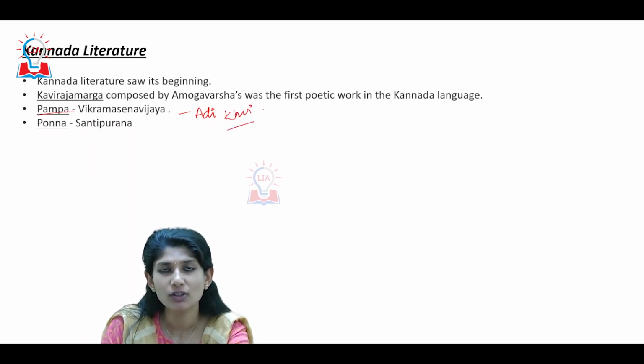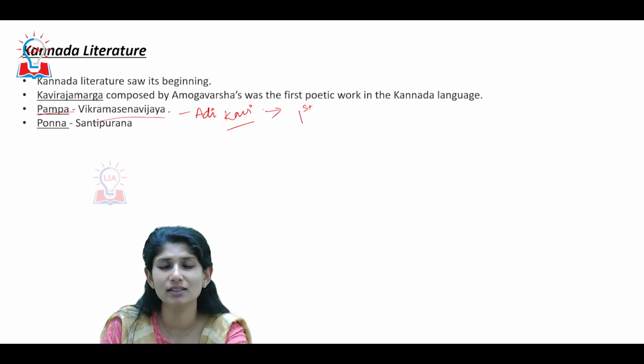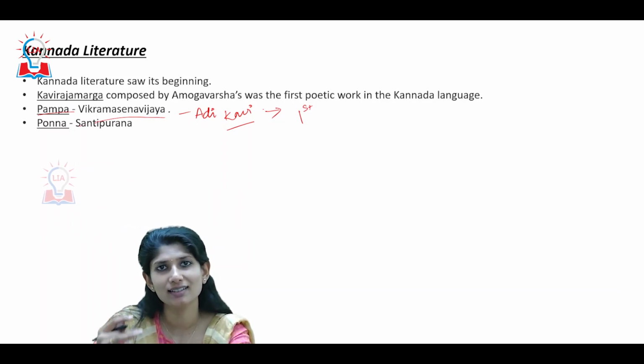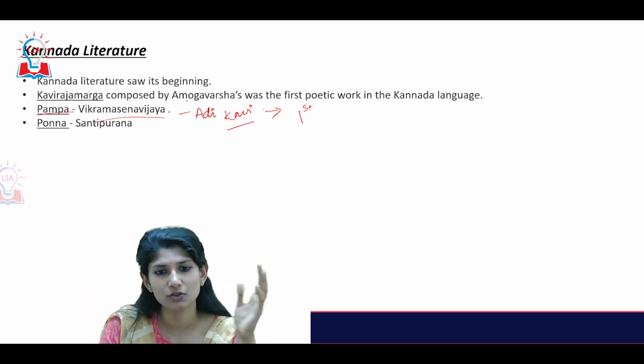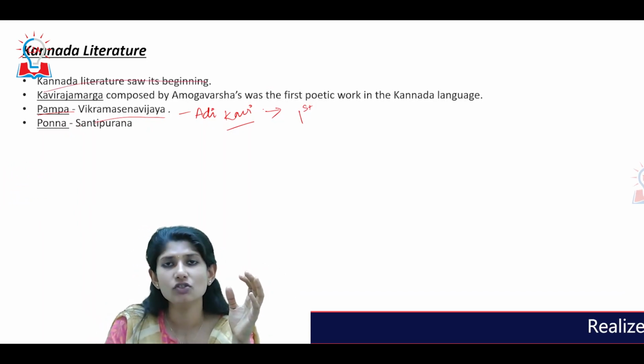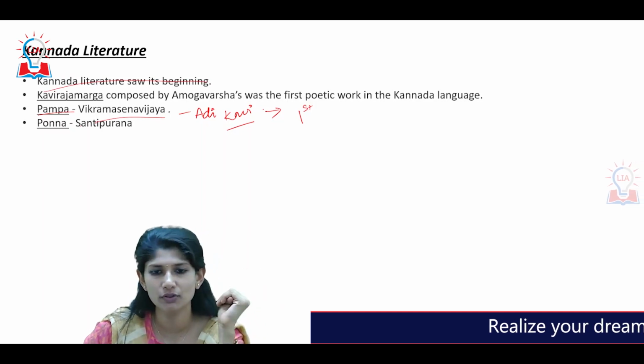The first or primary poet, or ancient poet, anything you can call it, is your Pampa. Vikramarjuna Vijaya is his work. This work and this poet are seen in the times of the Rashtrakutas. Adi Kavi, first. That is why Kannada literature saw its beginning in this period.